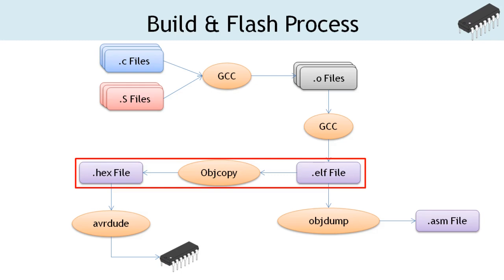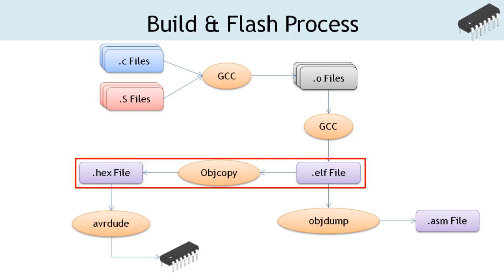Though the linking step generates the executable file, the generated file cannot be executed on the microcontroller as it is. It must be converted into Intel hex format and flashed onto the microcontroller. The Intel hex format conveys binary information in ASCII text form.